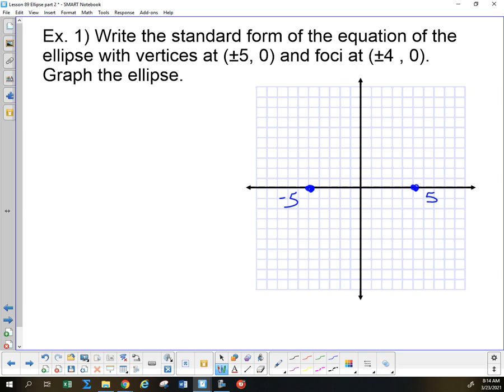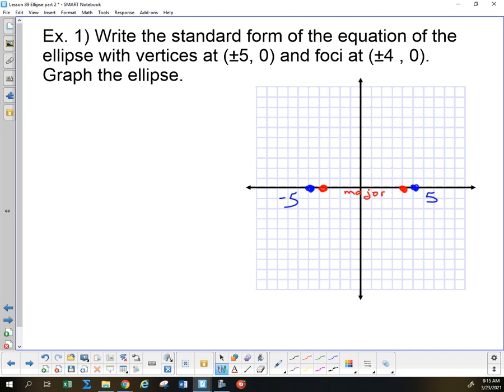Next, they tell me my foci are at plus and minus 4, 0. That tells me this one is the major axis because the foci are always on the major axis. I don't need to write that word major in there; I just wanted to point that out for you.